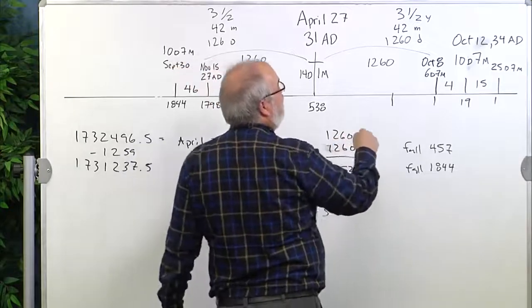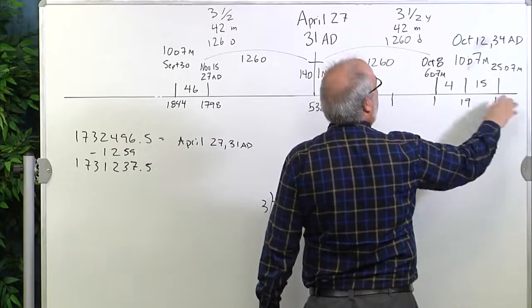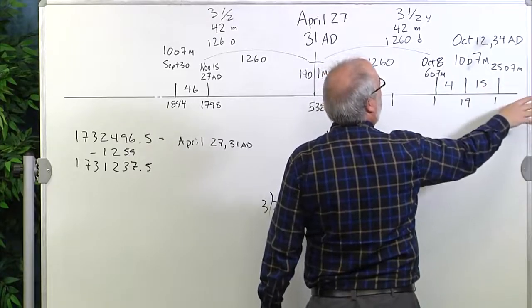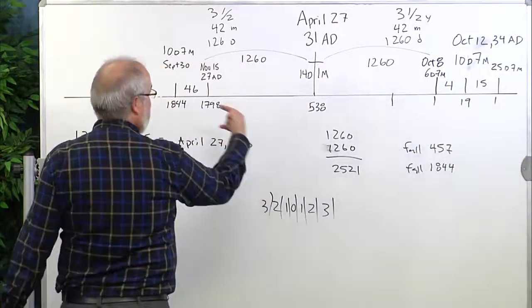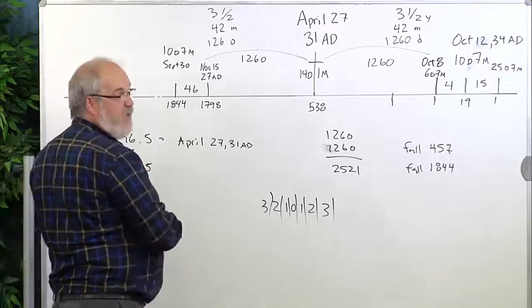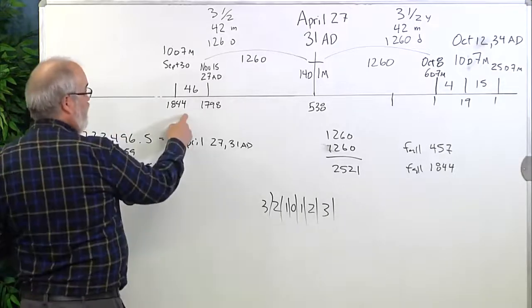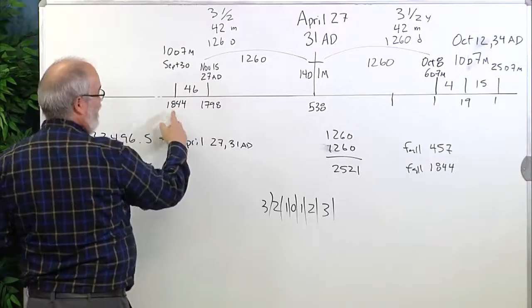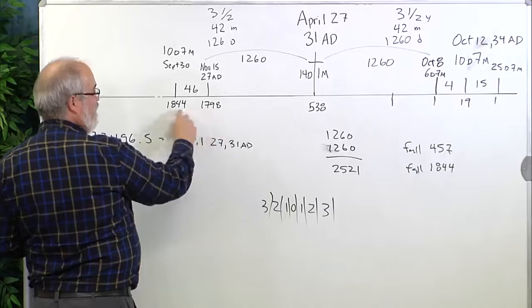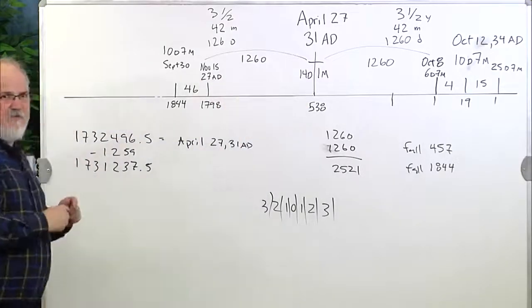I mean, we could go from the 6th day of the 7th month and keep adding, but we're just going to end up with dates that don't mean anything. So I'm saying that we have to go backwards. And since it's a mirror, we're allowed to do things in reverse. And this already works out. So the 10th day of the 7th month in 1844 is 46 years after the 1260.